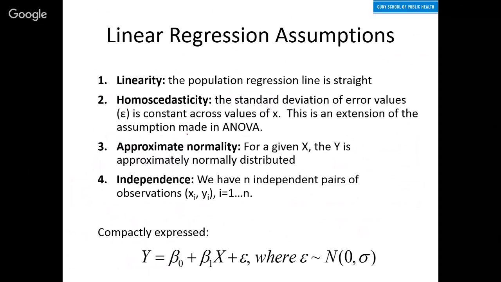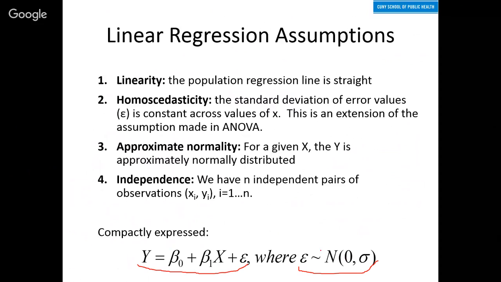All of these assumptions have a compact representation. If we just write out the regression equation with this about the error terms. The beta 1 x tells us that the true association in the population between x and y is linear.